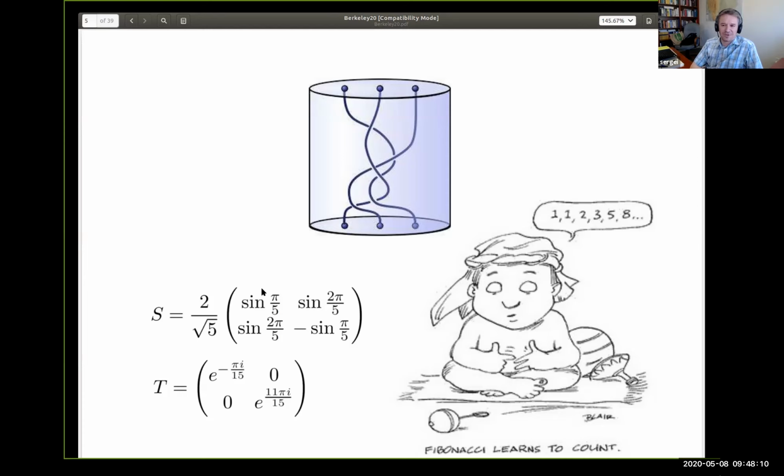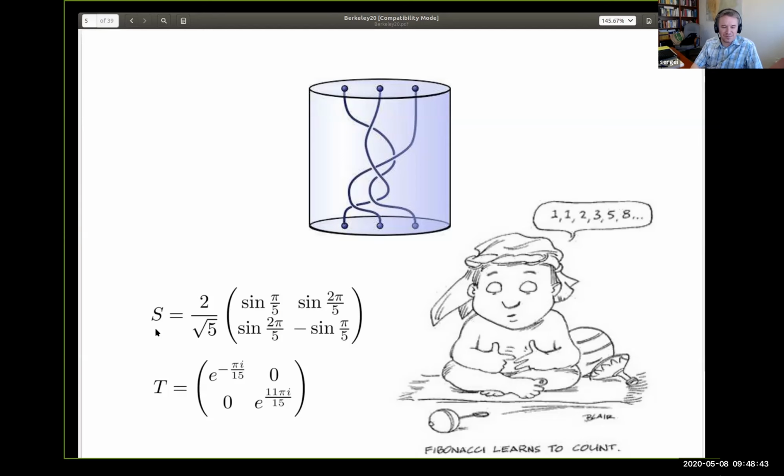The modular group is generated by two elements that are usually called S and T. Therefore, to describe this representation, what you have to do is to say what these elements are and how they act on simple objects in this category. In this case, we have two simple objects, so the matrices will be 2 by 2, and it's easy to check that this S and T satisfy the usual relations of the S and T generators in SL2Z.